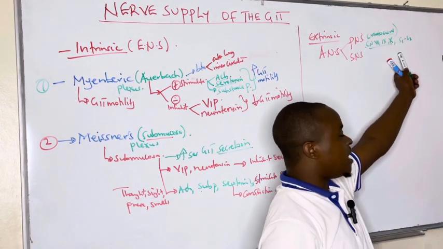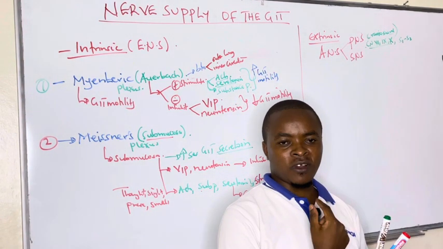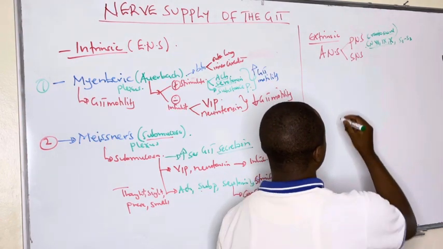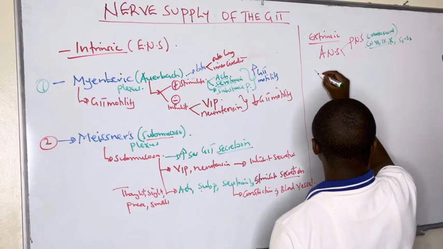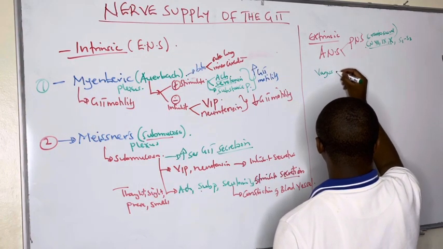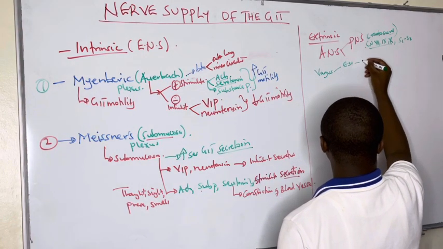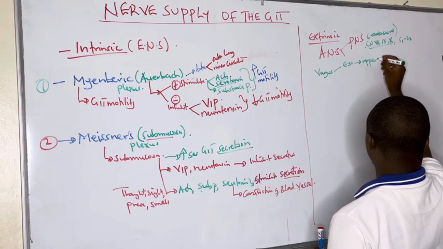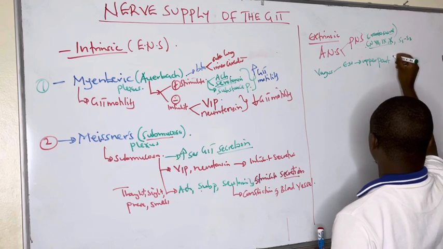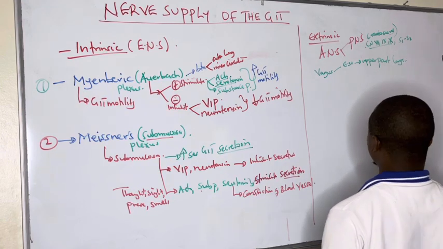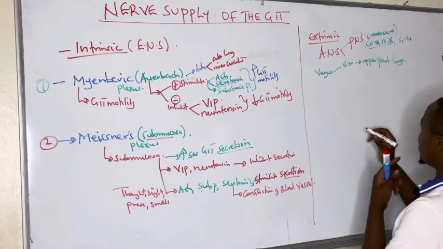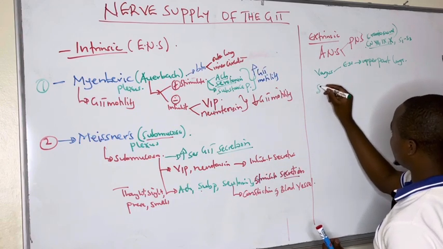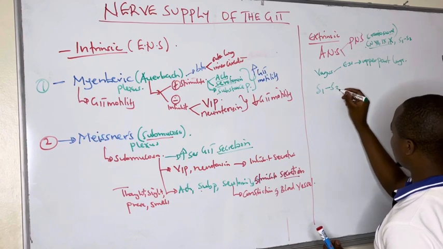Then the vagus nerve supplies from the oesophagus up to the upper part of the large intestine. The lower part is supplied by the sacral nerves, S1 up to S3.